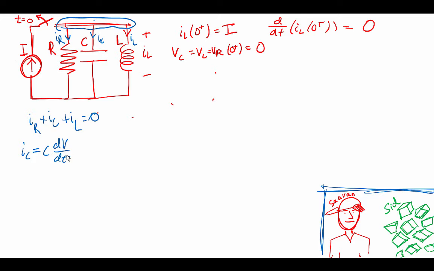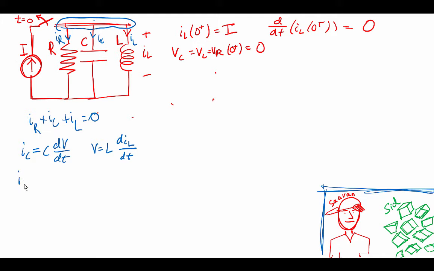What's the V there? It's the voltage across the two, the only voltage here, basically, which is just VL is VR is VC. So we got IC equals C dV/dt. We know that V equals L dIL/dt, and we can use this, substituting in.